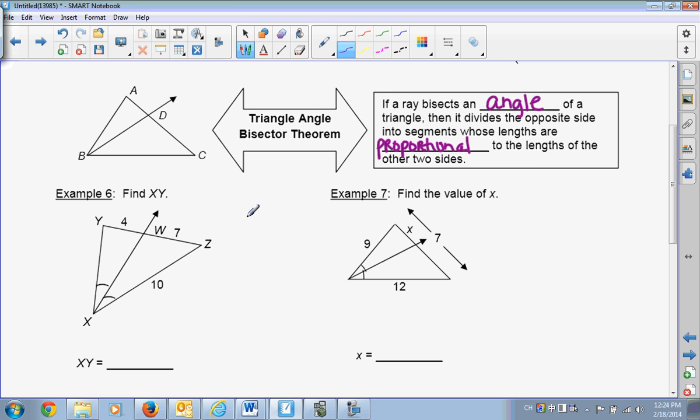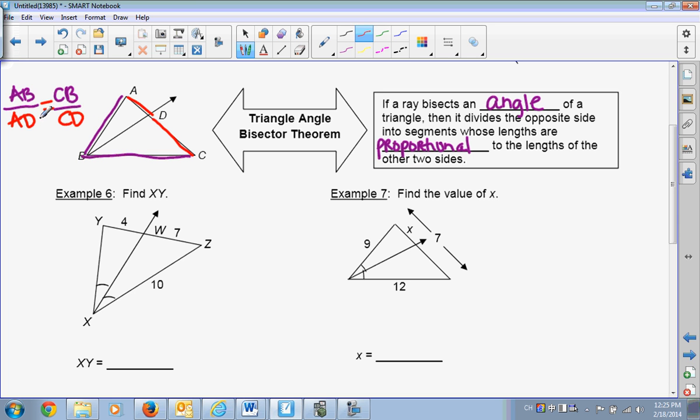So what that means is that AB over AD is proportional to or equal to, okay, the side that is corresponding to AB is CB over, and the side that is corresponding to AD is CD.